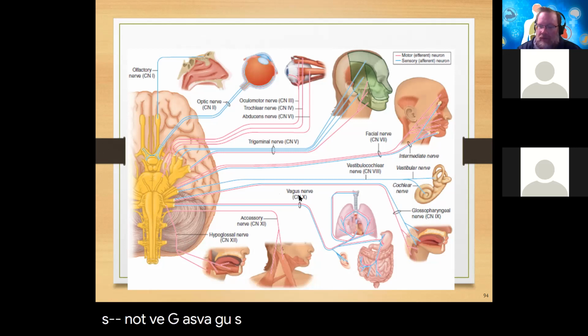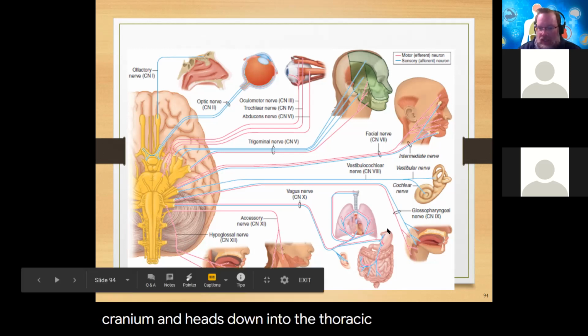Vagus is a word that means wander or wanderer. So this nerve wanders out of the cranium and heads down into the thoracic and abdominal pelvic areas. So we see the vagus is the wanderer.